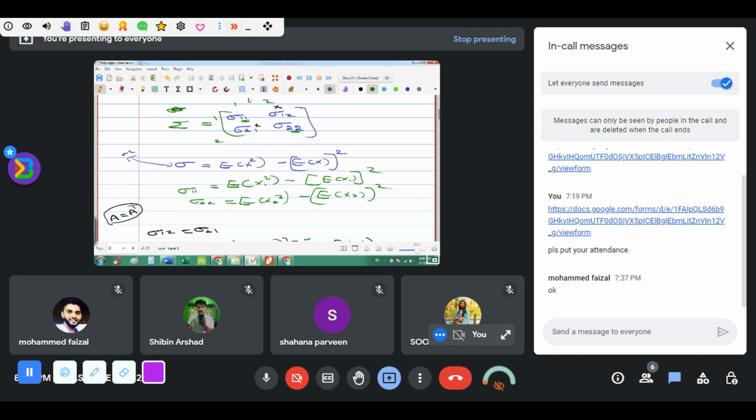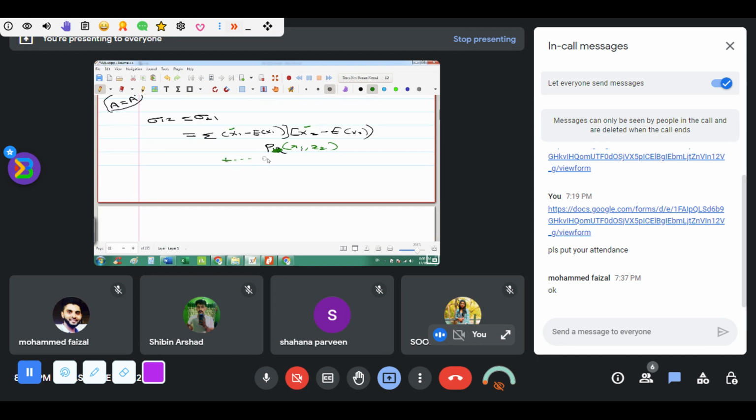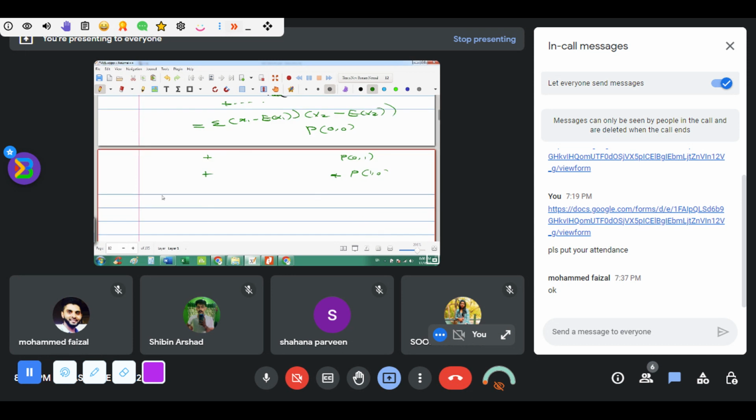I am writing the general formula; there are 6 terms in total. So I write summation of x1 minus E of x1, into x2 minus E of x2, times the probability: first the probability of 0 0, plus the probability of 0 1, plus 1 0, the probability of 1 1, then 2 0, and plus the probability of 2 1.